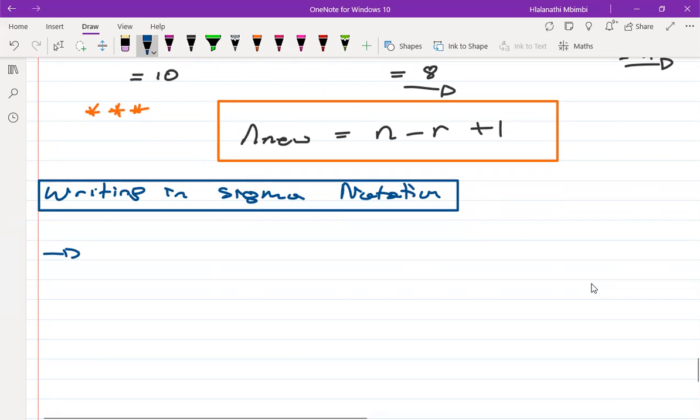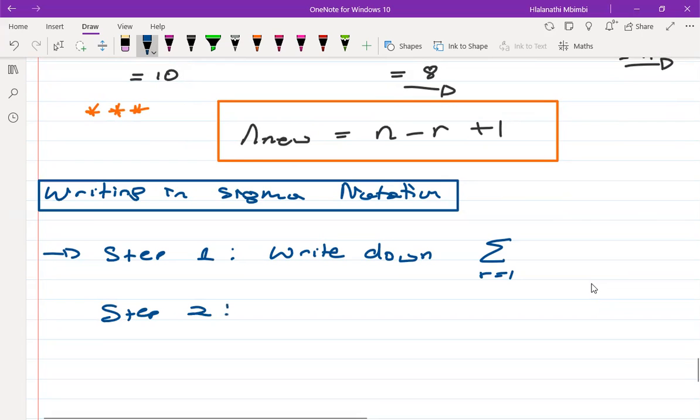Step one is to write down just the sigma, and always start at 1 if you're creating your own sigma notation.